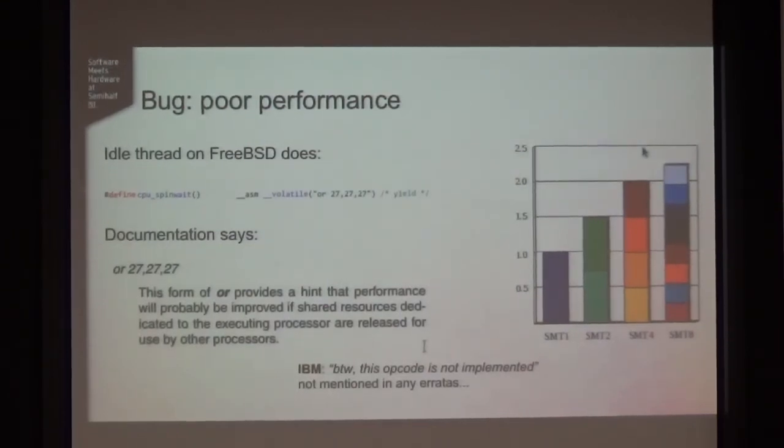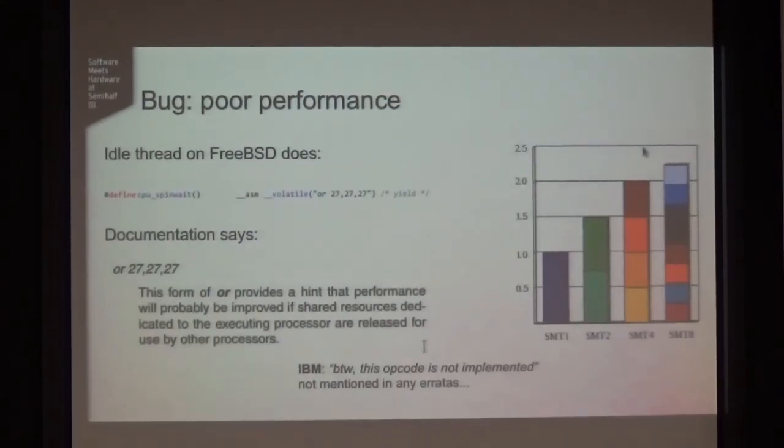According to the documentation, we need to send a special instruction to the SMT scheduler. It's a kind of NOP operation, a CPU spin rate, which is supposed to do a yield. The yield means that this particular SMT thread releases all the resources it has been using and gives the CPU power to other SMT threads within the same group.